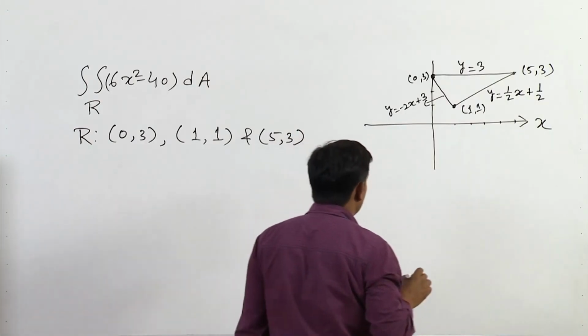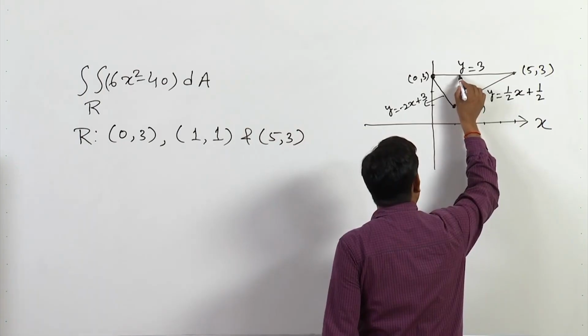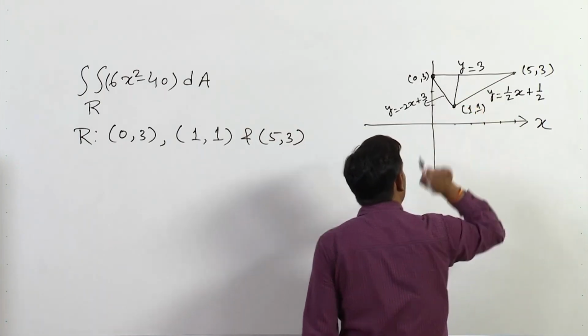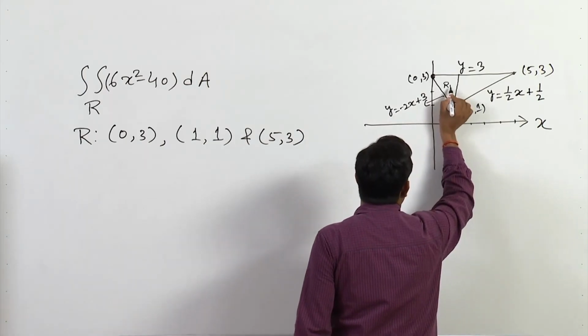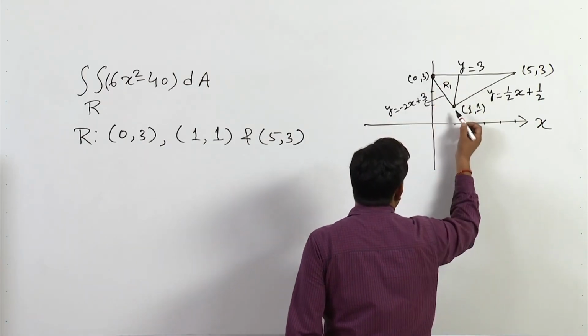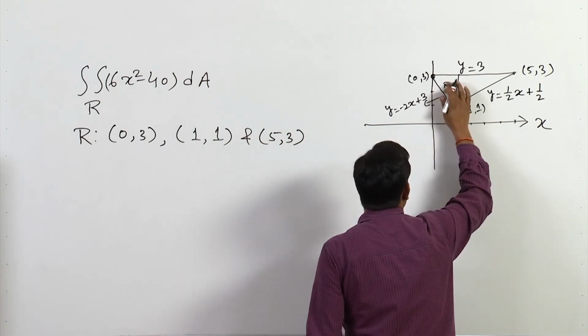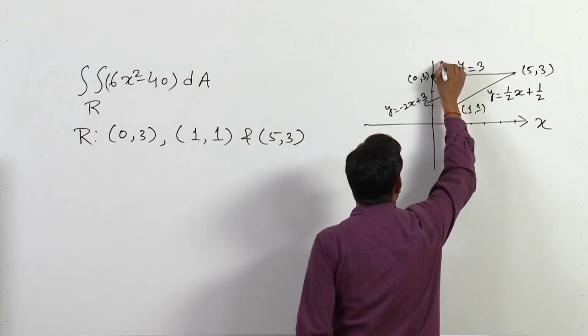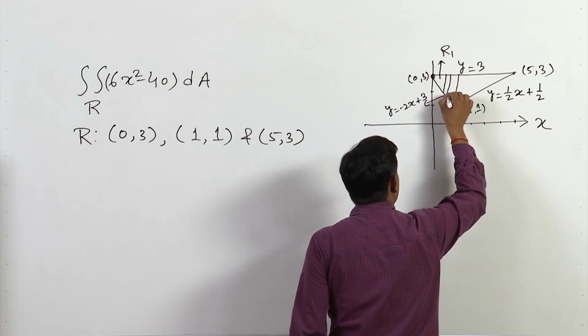Now if I take a vertical strip, I need to divide this region into two sub-regions. One is R1, which starts from x equals 0 and goes up to x equals 1, because in this region R1 my vertical strip will go like this.